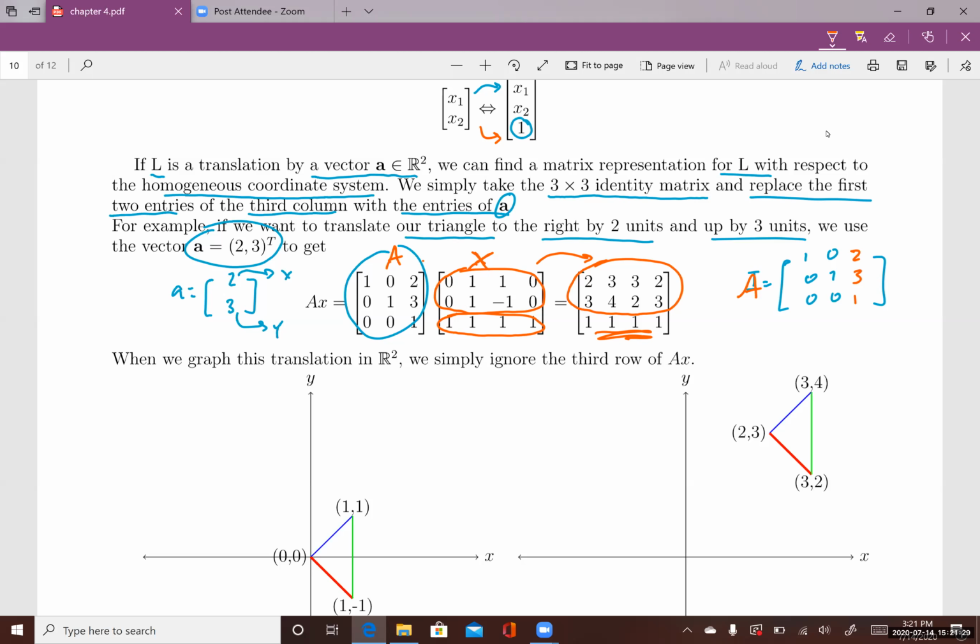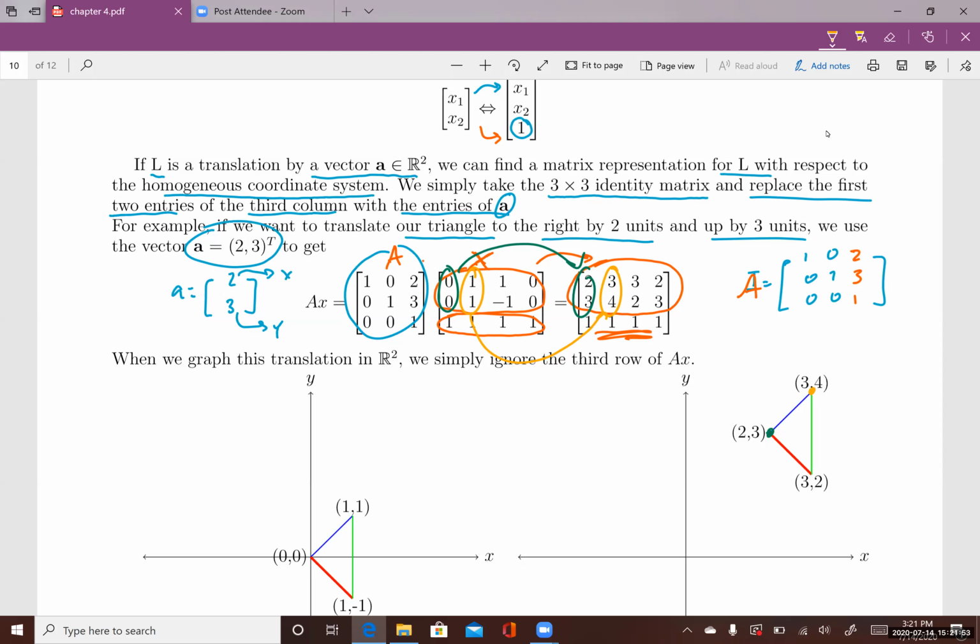So we move from (0, 0) to (2, 3), which makes sense. And we move from (1, 1) to (3, 4).